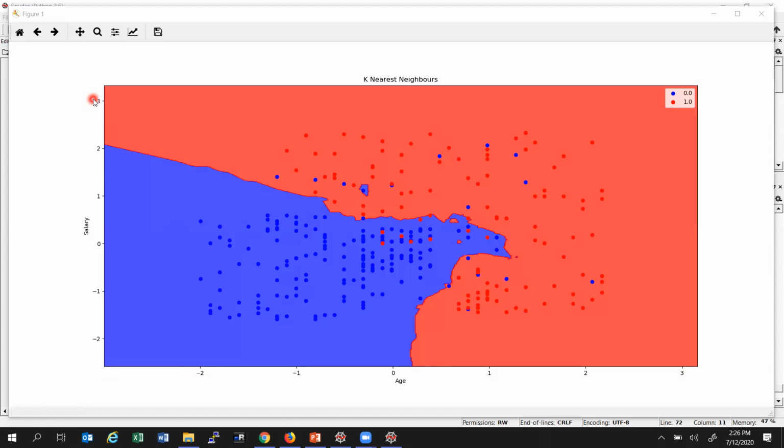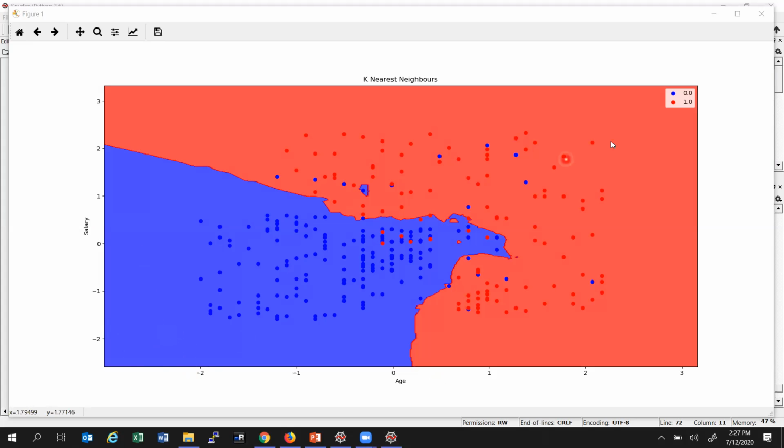But in classification, the x and y axes are both independent variables, and in the graph we just categorize the readings. Each pixel of the blue area denotes that, where I put my cursor, based on the standardized age and salary values, that person is not going to buy the SUV.